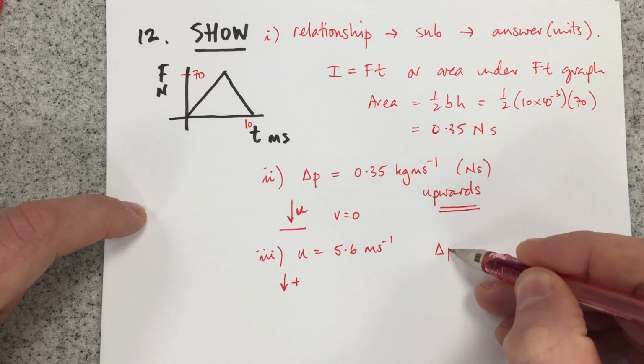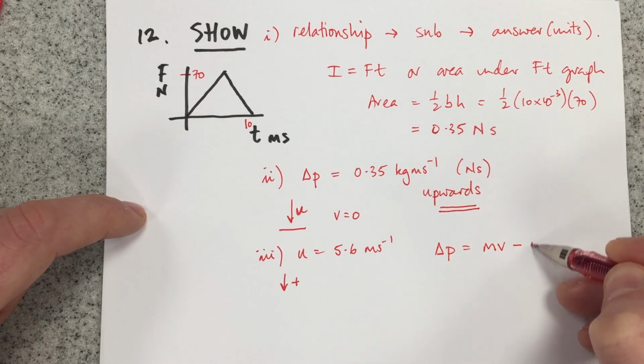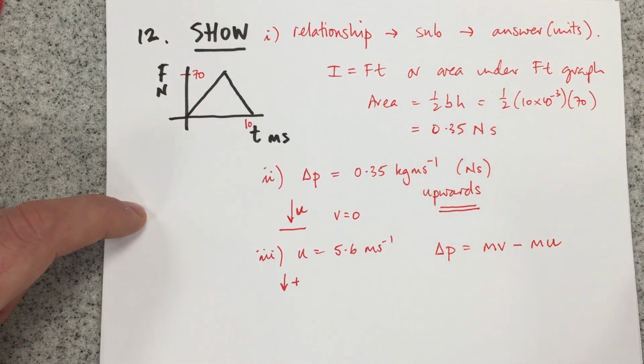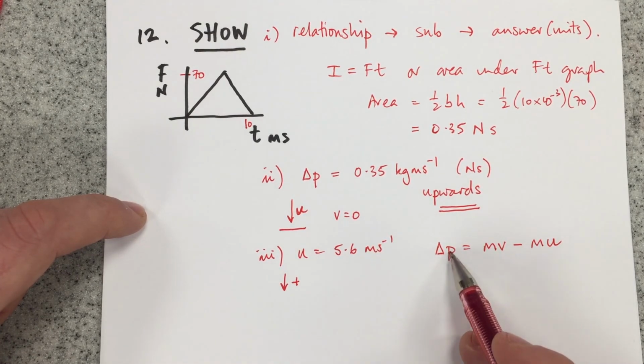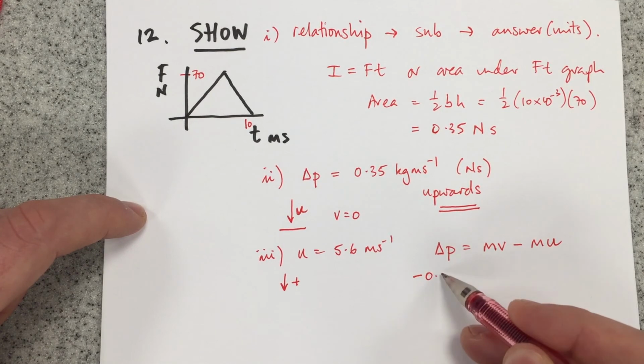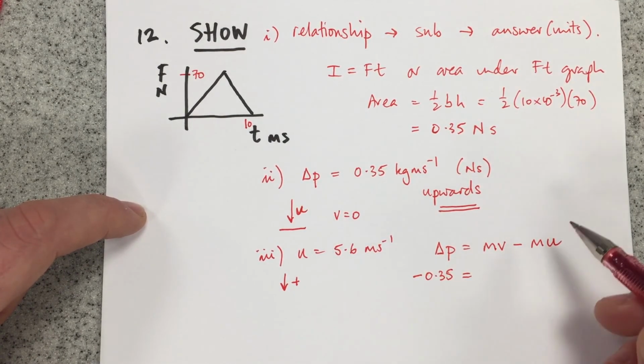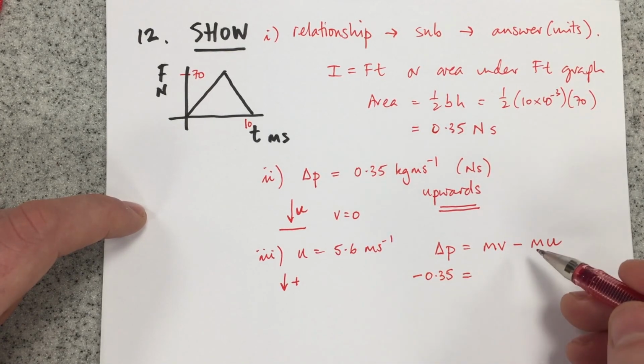So change in momentum is equal to mass times final velocity, take away mass times initial velocity. I said downwards is positive. So the change in momentum was upwards. So that's minus 0.35, and the direction must be included or you'll get no marks.